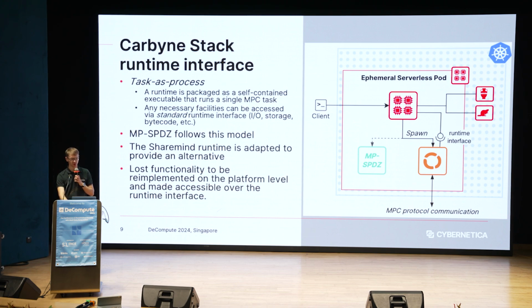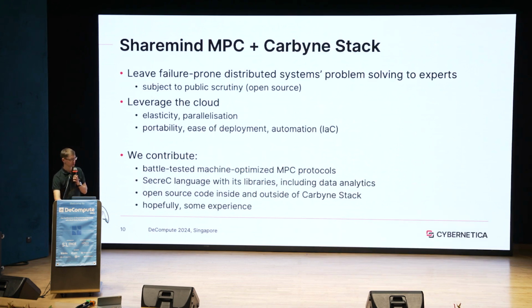So work is ongoing there. So for us, the idea in the integration is that we can leave the difficult distributed systems part to the experts, because the Carbon Stack team in Bosch Research mainly consists of distributed systems people, or actually the main players there are distributed systems people, and by using a platform like Carbon Stack, we can get the elasticity and scalability of cloud for free, basically.